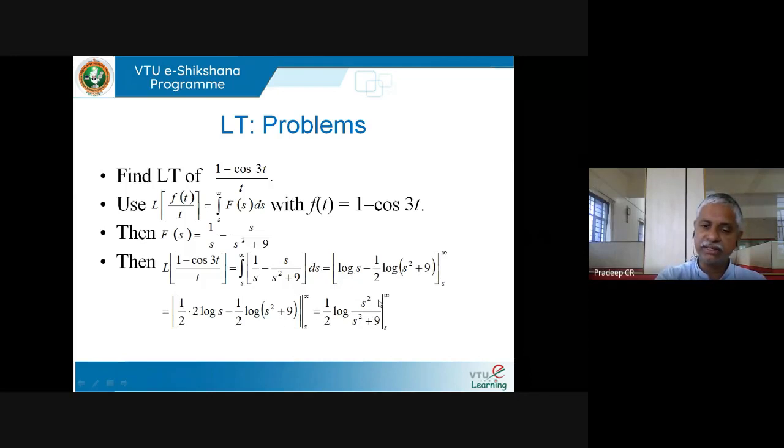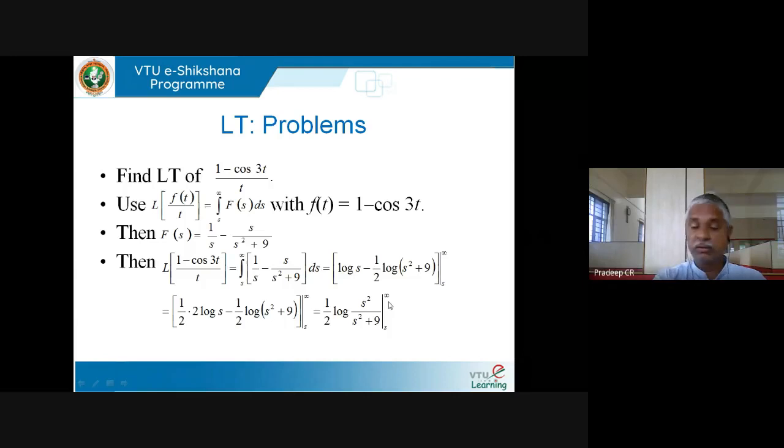So it will be log of s square by s square plus 9, and both limits are s and infinity. So what's the upshot of it? Laplace of 1 minus cos 3t by t turns out to be half log of s square by s square plus 9 between s and infinity.